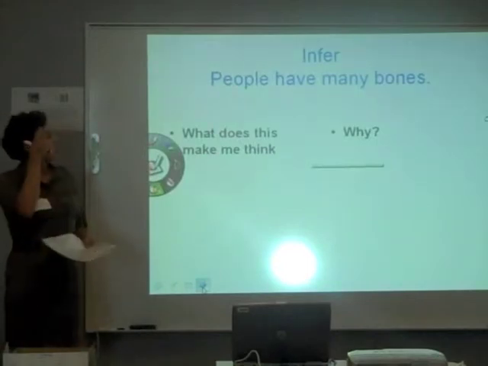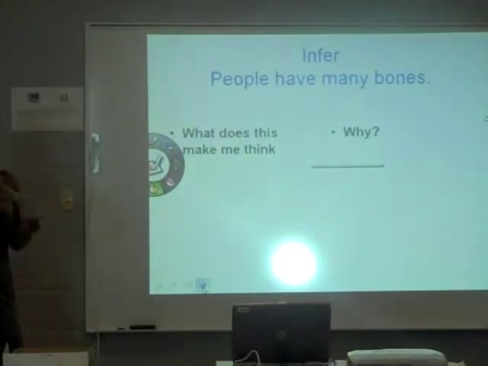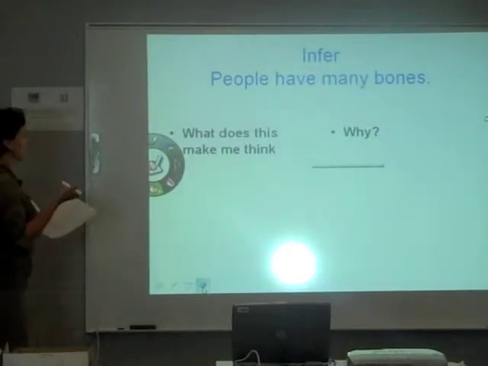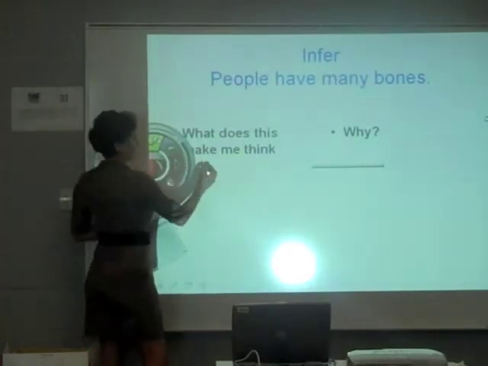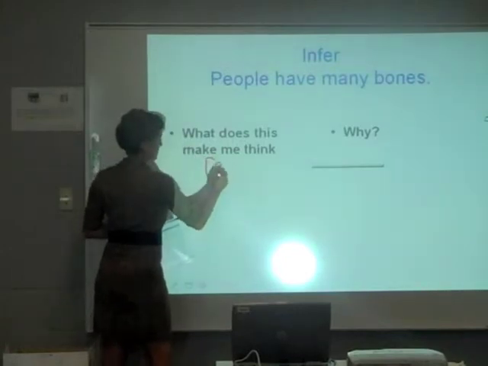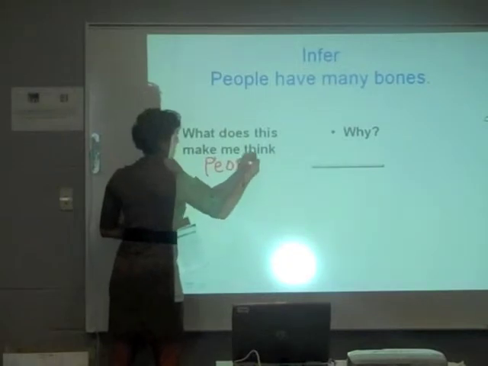So now we're going to infer. People have many bones. What does this make me think? People have many bones. When you think about that, what comes to mind? The skeleton system. People are complex. Okay. So I might have you come up with people are complex.